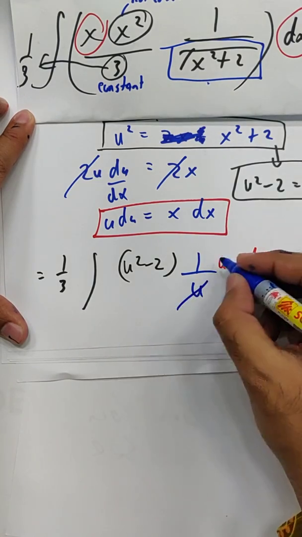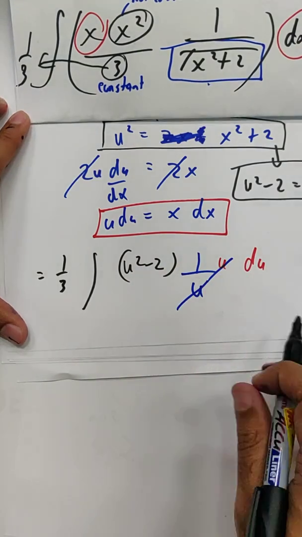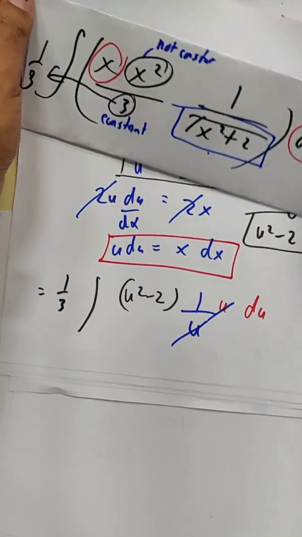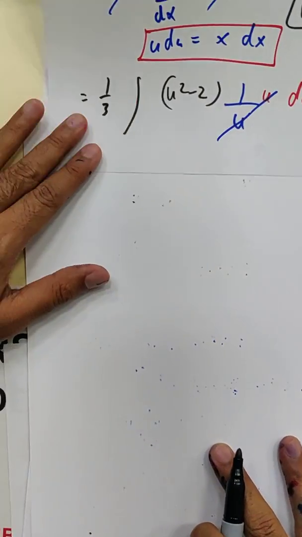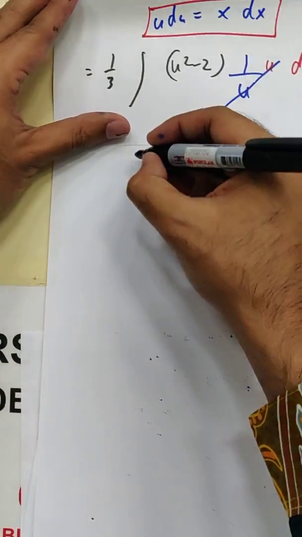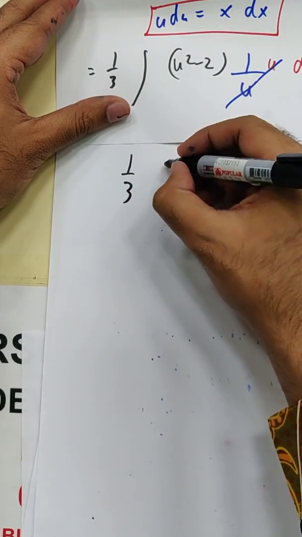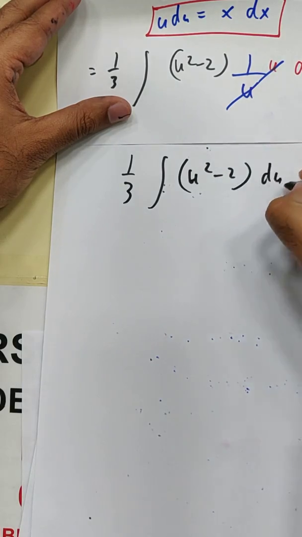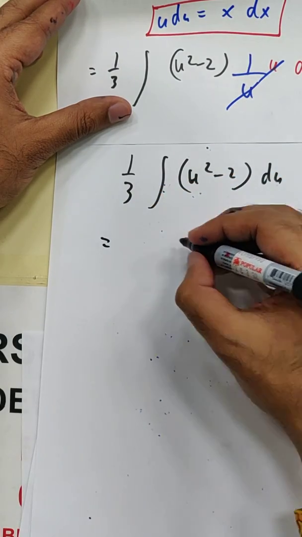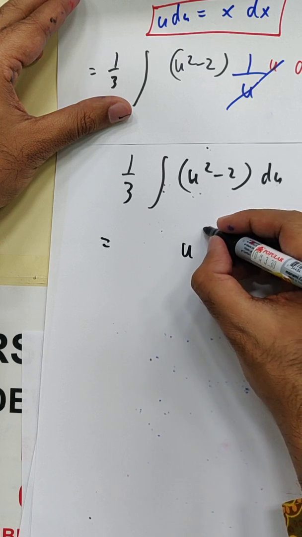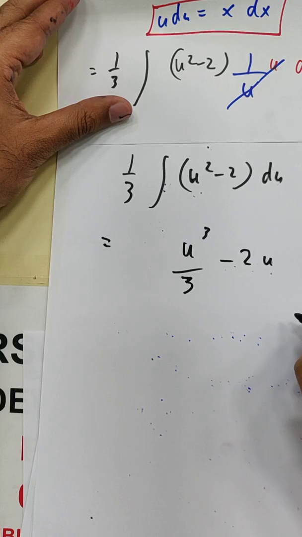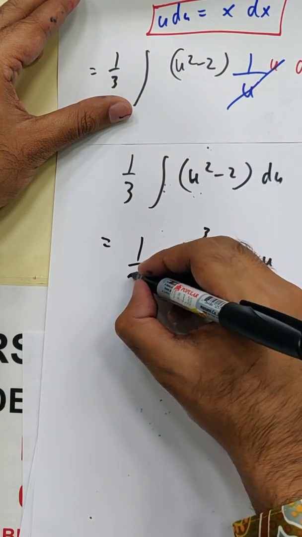Now here, you can cancel it up. That's a long one, mate. 1 over 3 times u squared minus 2 du, integrate it as u cubed over 3 minus 2u, times 1 over 3.